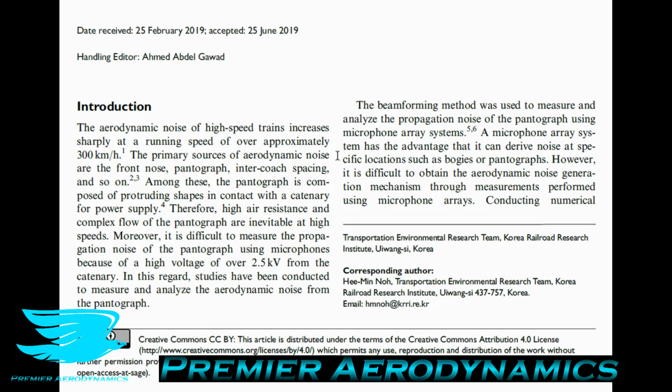And this I'm a big fan of, mainly because I actually have a friend who did a lot of work in terms of developing a beamforming method, and it's really cool. In other words, what it is, you have a bunch of microphones around your structure. It's usually in a two-dimensional plane, and then you can determine where the noise is coming from based on the differences in time that the noise is picked up by the different microphones.